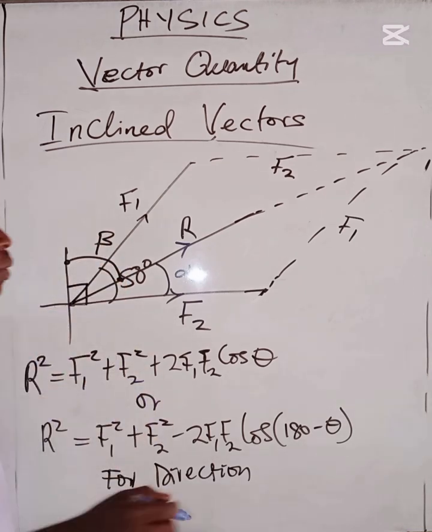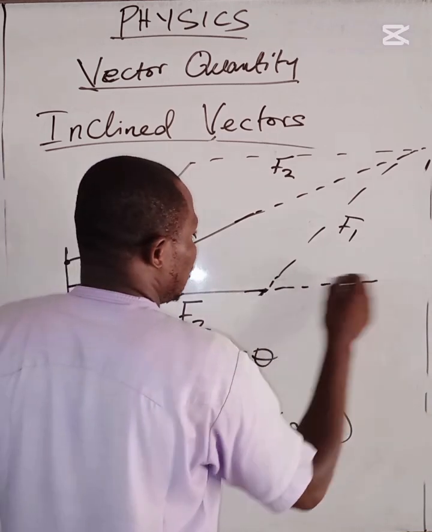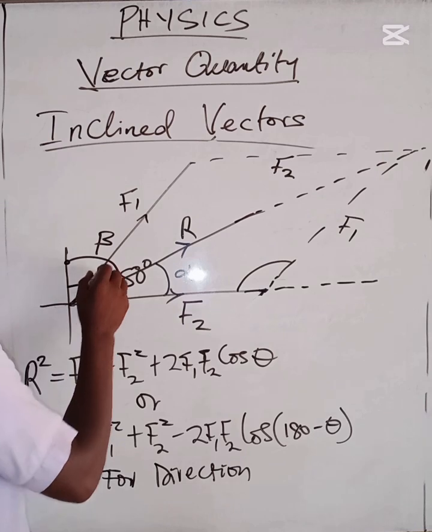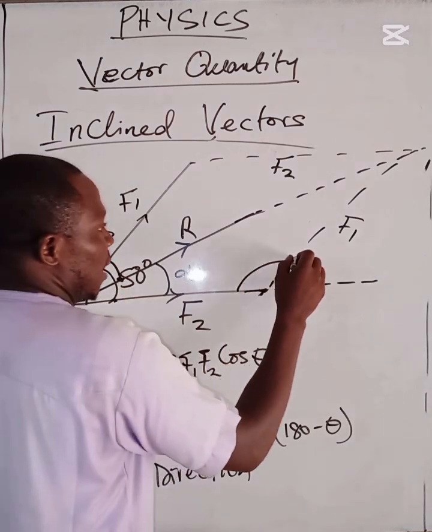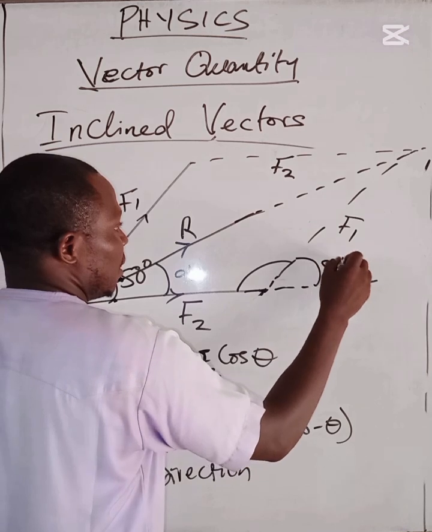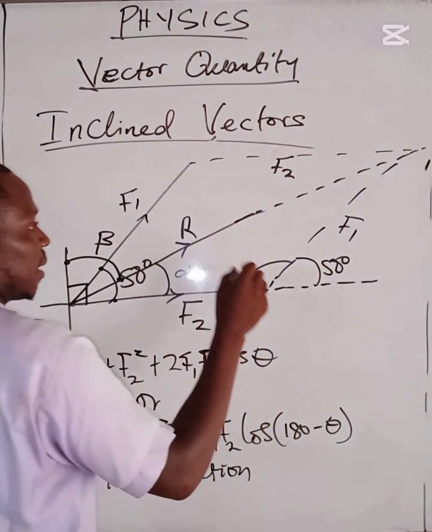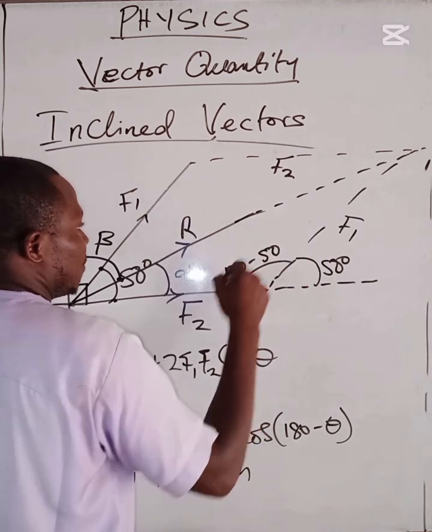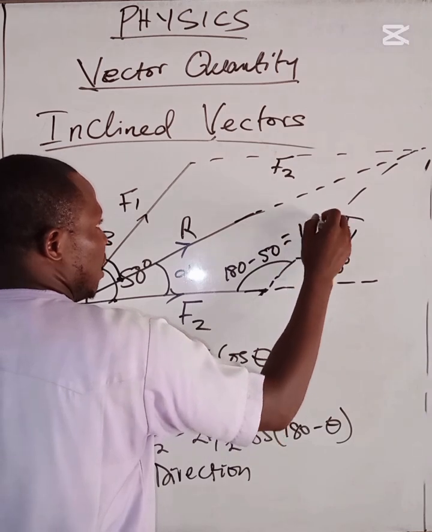Okay. But before you are able to find the resultant here, you need to extrapolate. You need to find this angle. Okay. If the angle between the vectors, that is from here to here, is 50 degrees, it then follows that the angle here also is 50 degrees, because the angle here and the angle from here to here are the same. And if that's the case, the angle inside here is going to be 180 minus 50 degrees, which is going to give us what? 130 degrees.